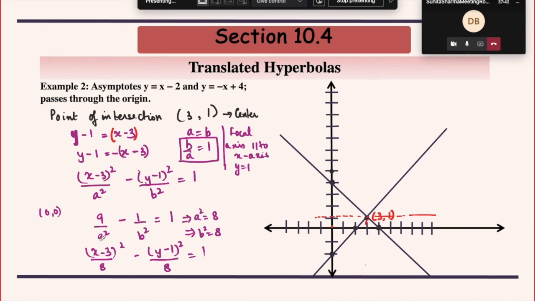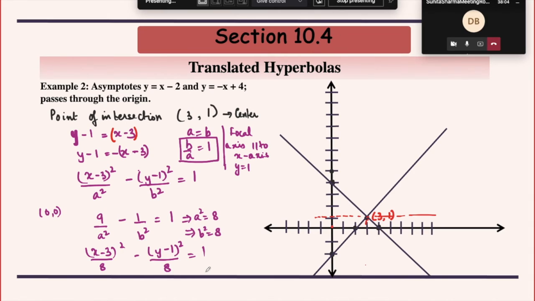Since your a and b are same, this gives us that a square or b square both are equal to 8. So this is the equation of your hyperbola. And then once you have found out a and b, you can also find out c, and you can find the coordinates of the focus.